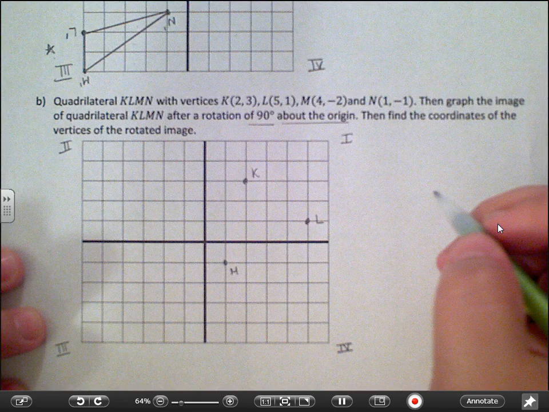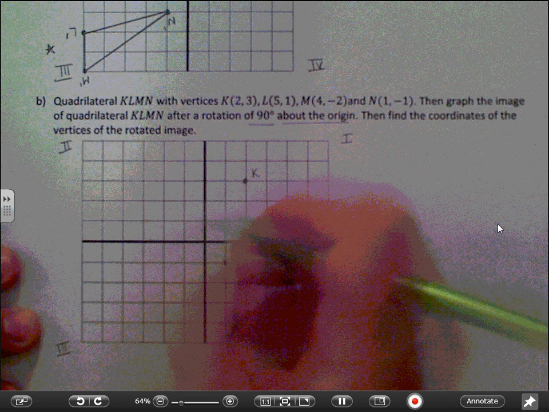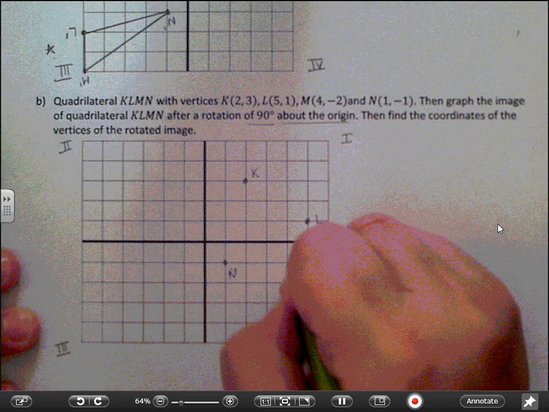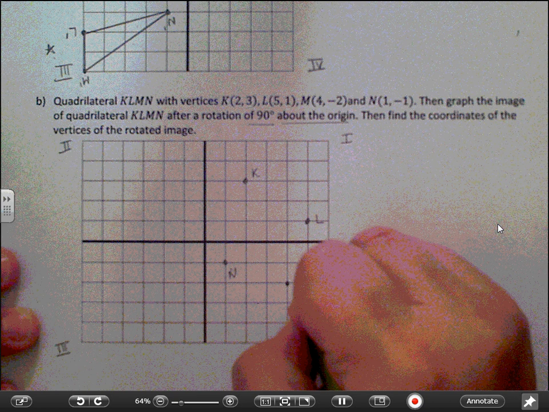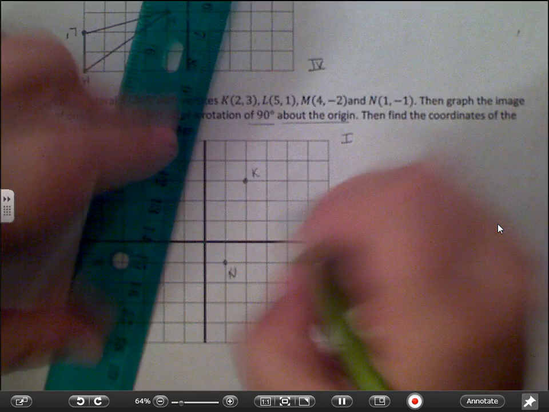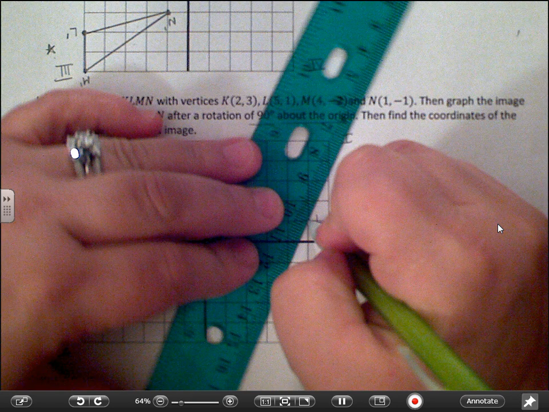And M is (4, -2). I skipped one, not on purpose. This one's M. So here we have a quadrilateral. Go ahead and connect those points to make the quadrilateral.